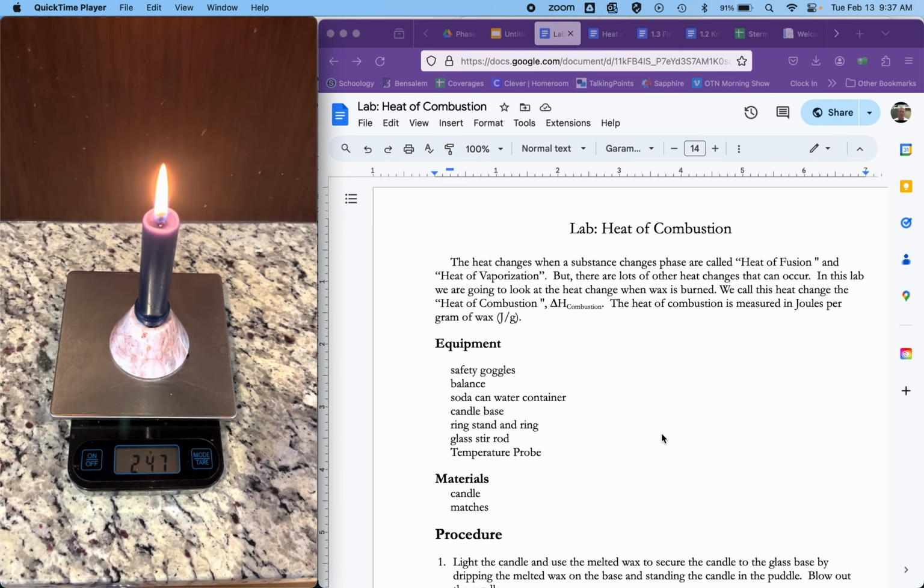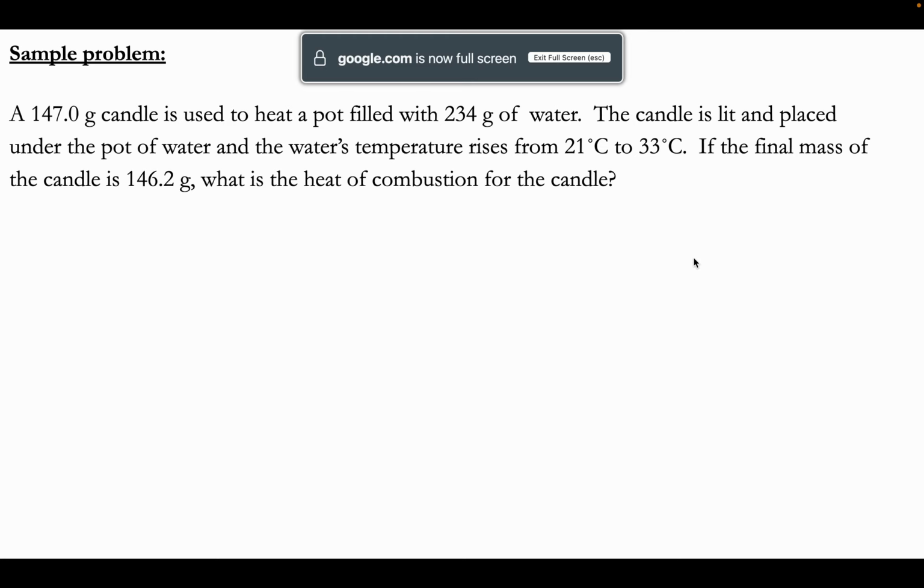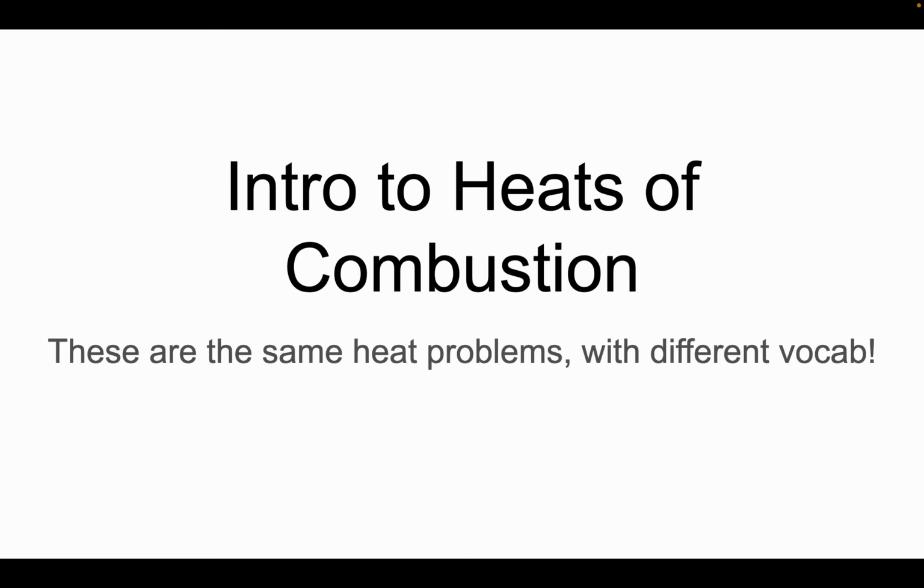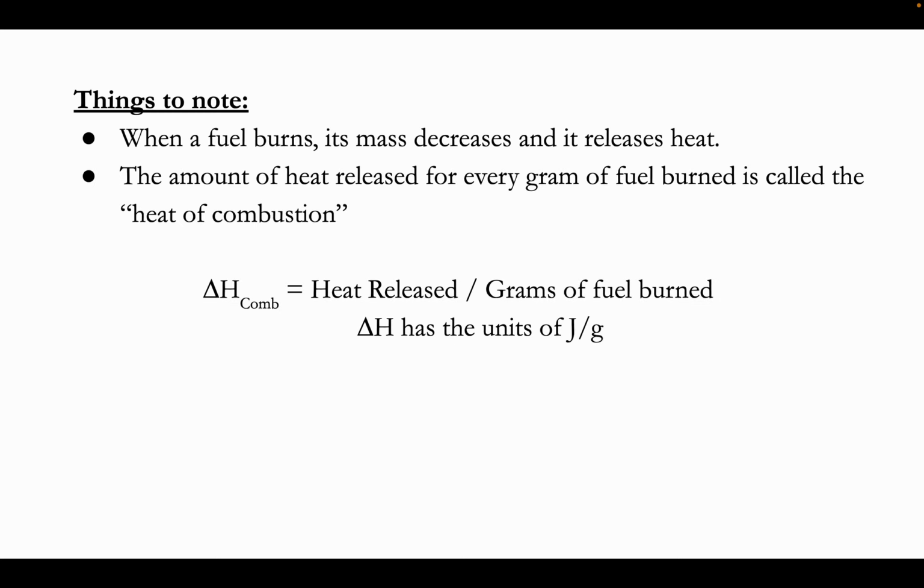All right, so let's take a look at this here. An intro to heat of combustion. Basically what I need to tell you is that these are the same math problems you have been doing for the past 2 weeks. There's really nothing new about them. It's just that the vocabulary is changing. So when a fuel burns, in that case I showed you a candle, but it could be any kind of fuel, the mass of the fuel is going to decrease and heat's going to come out.